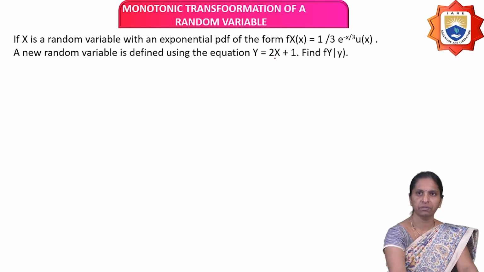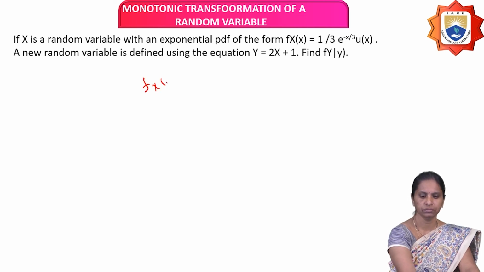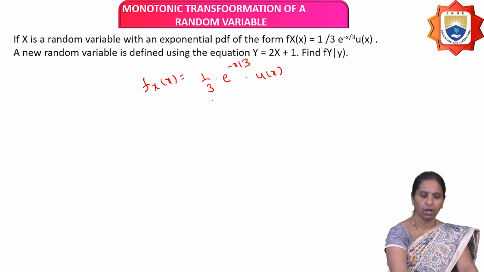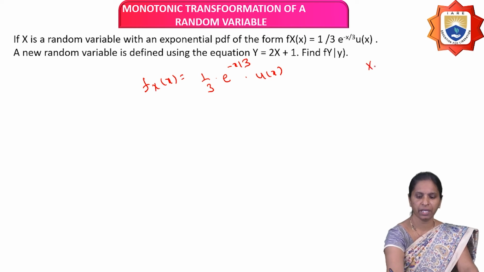If x is a random variable with an exponential probability density function of the form Fx of x is equal to 1 by 3 into e power minus x by 3 u of x. Now what I am doing here is transforming. This is the original random variable x. So what is y?